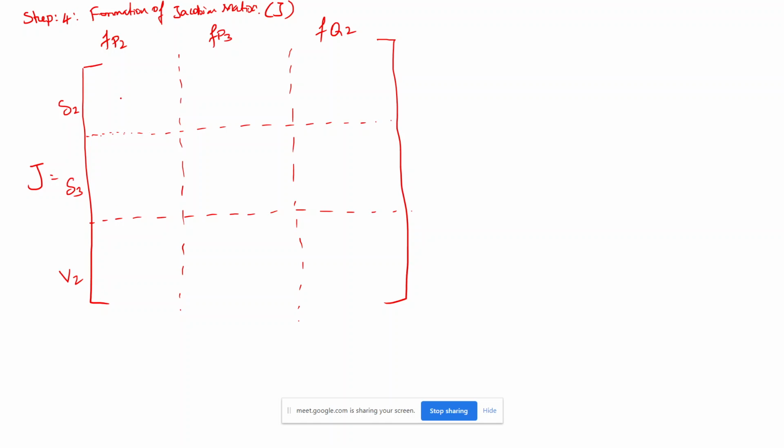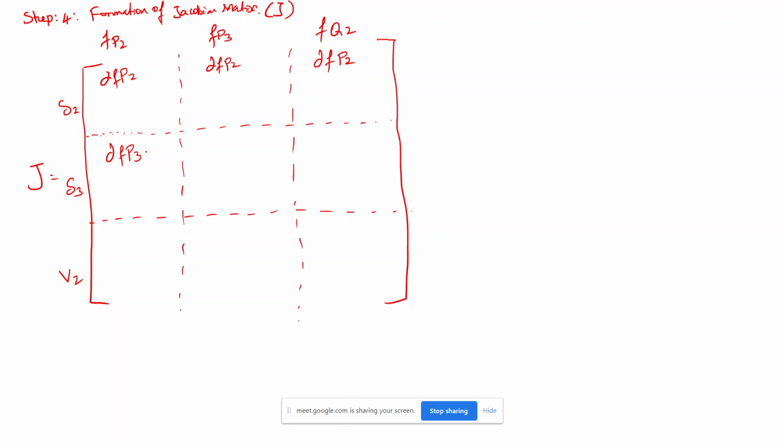If that is the case, the derivative for this first row will be dou FP2, here also dou FP2, and this is also dou FP2. Here it is dou FP3.